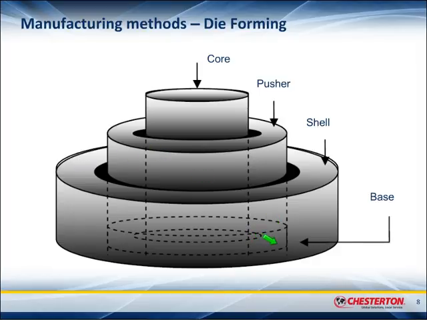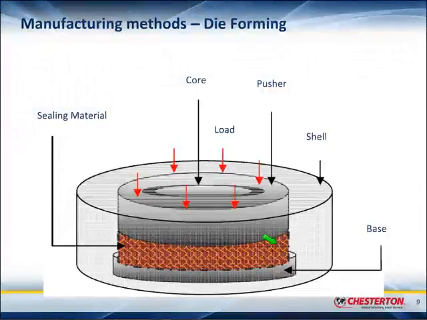If I look at the next picture, what you can see is that the packing material is put into the form and then a load is applied on top of the tool. In this way you can produce a packing that has very good sizing, so it has very accurate dimensioning.